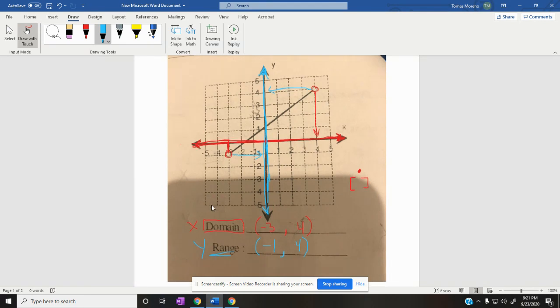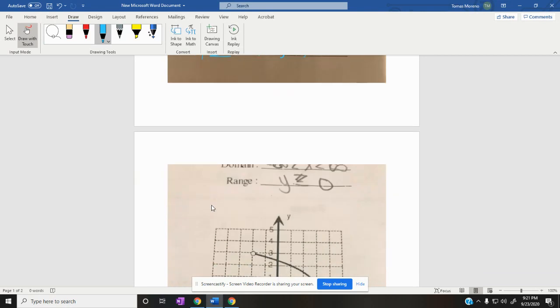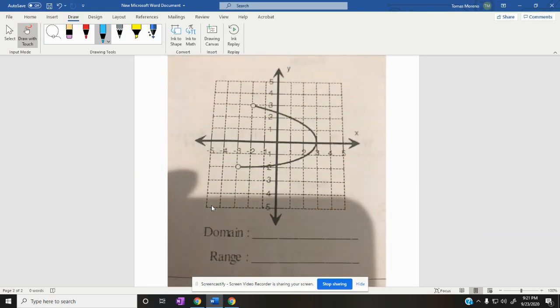Now, if we wanted to do the next problem, it's very similar. My x, I'm going to put in red, and my x would be my domain.